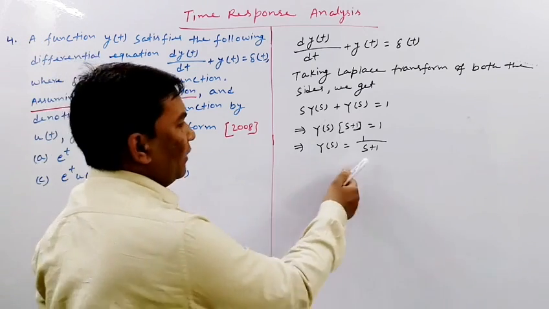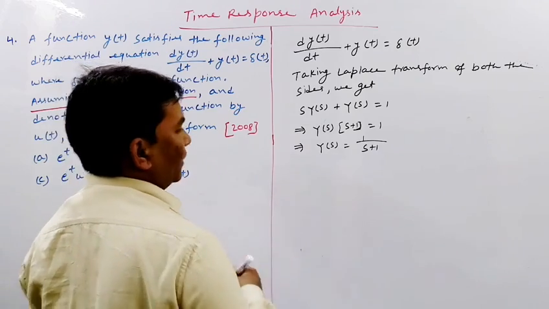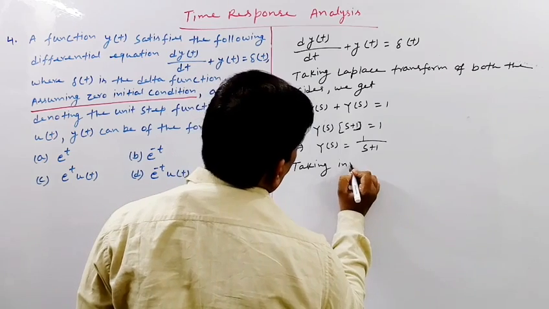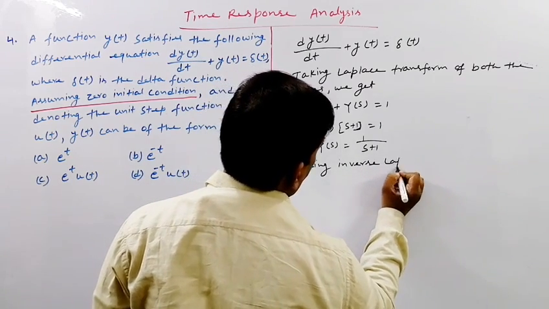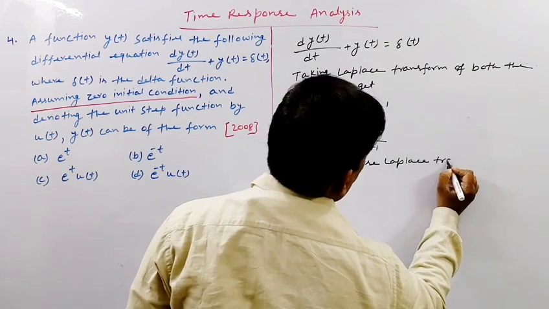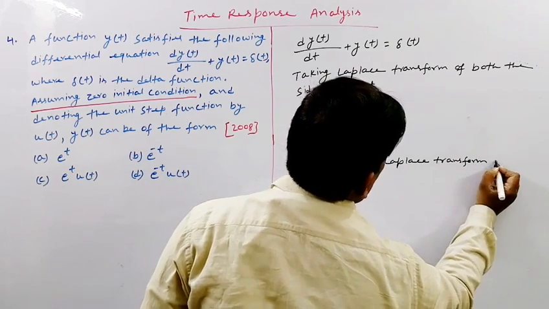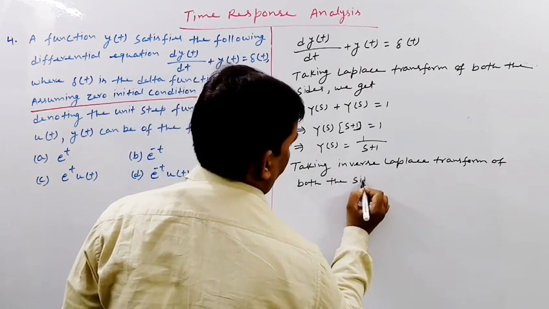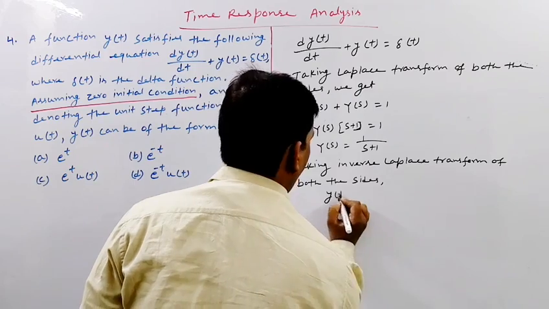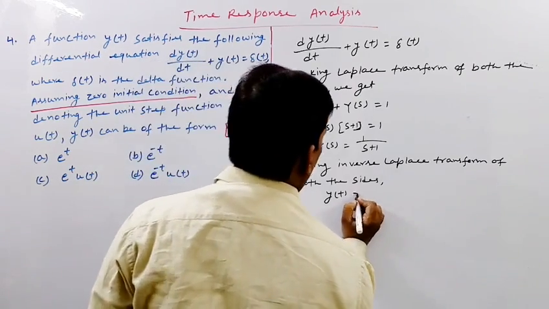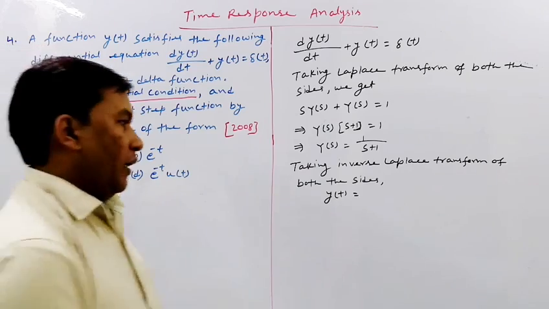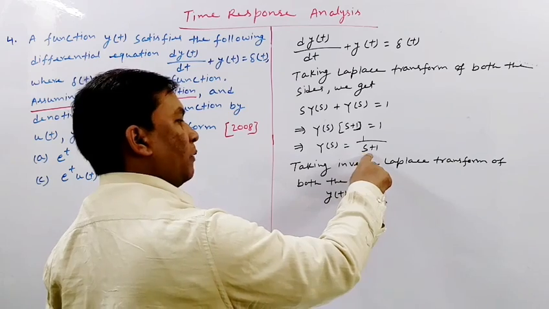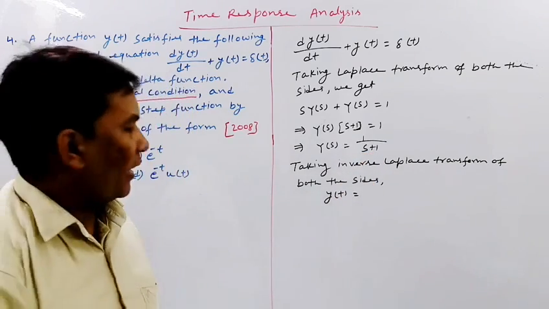Now if we take the inverse Laplace transform of both sides, y(t) will be equal to e to the power minus t u(t), because here a plus 1 is associated with s.